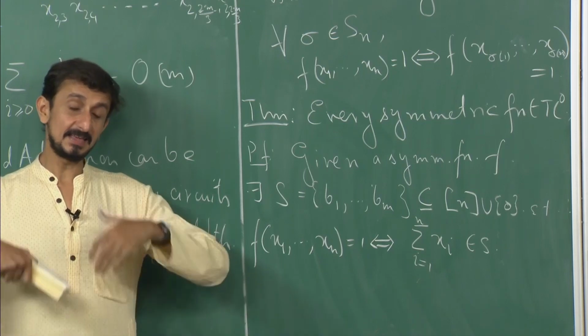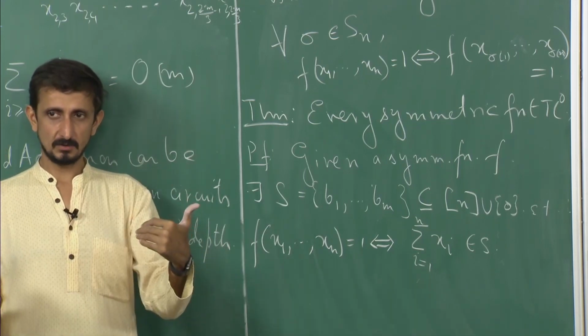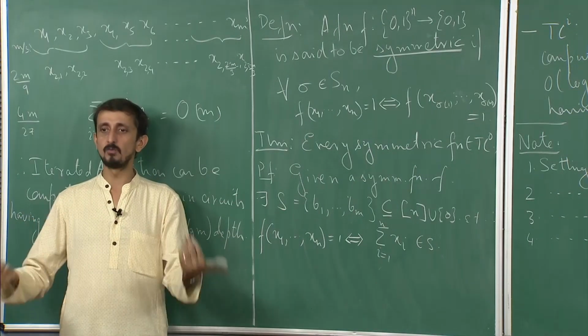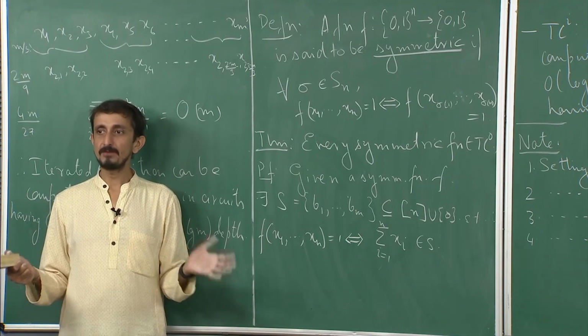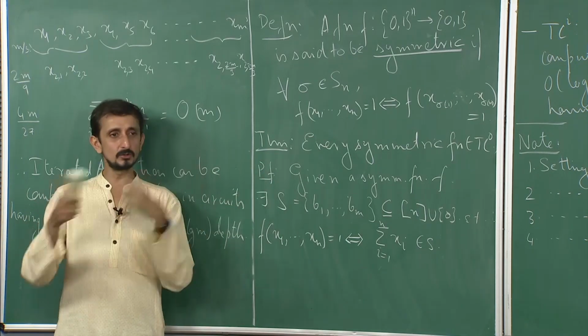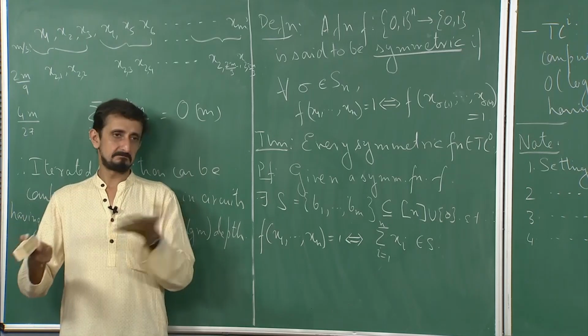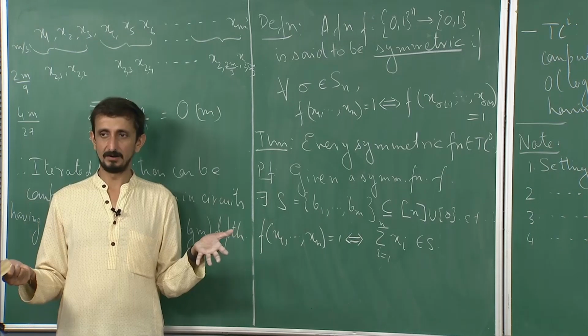But the point is that if I have one input which has 5 ones on which f evaluates to 1, then every input which has 5 ones, f must evaluate to 1. That is by symmetry, because no matter how I permute those 5 ones, the function must evaluate to 1.